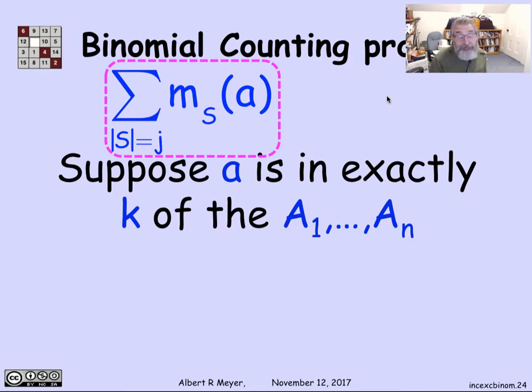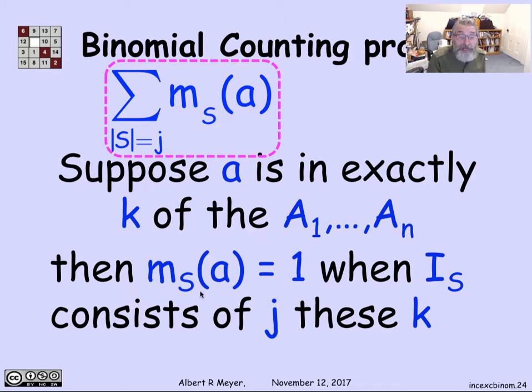If a is an element that's not just a member of some 5 particular of these sets A1 through An, suppose it's a member of exactly k of them, then what I know is that m sub s of a is 1 exactly when I'm only intersecting the k elements that this little a is a member of.